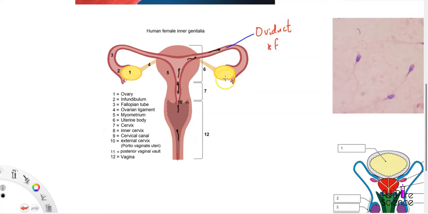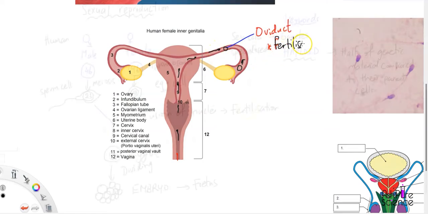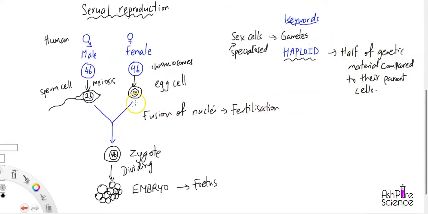And within the oviduct, obviously you have the ovary here. The ovary will release an egg, and that egg will move along the oviduct, and potentially, if there's an egg and there are sperm cells available, fertilization can occur in the oviduct. And the resulting cell, as you can see, is called a zygote. So the zygote is basically the fertilized egg.